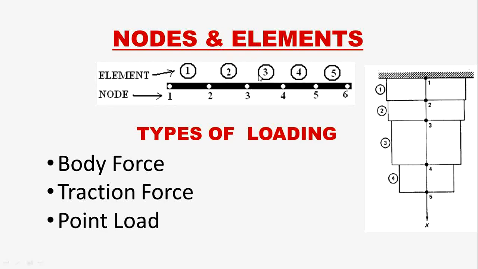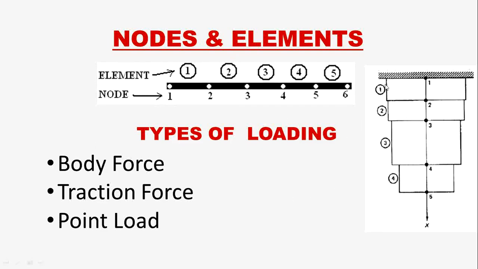This is how you divide your member into a number of small finite divisions. Please recall the procedure of finite element analysis in unit number 1, because there are various conditions in which we have to do this discretization process.